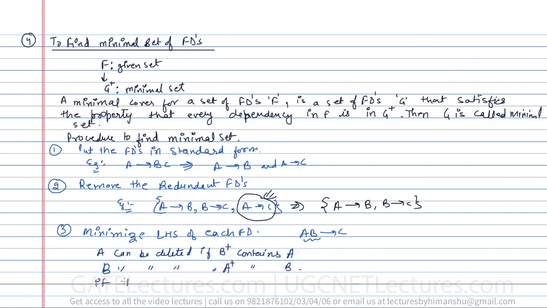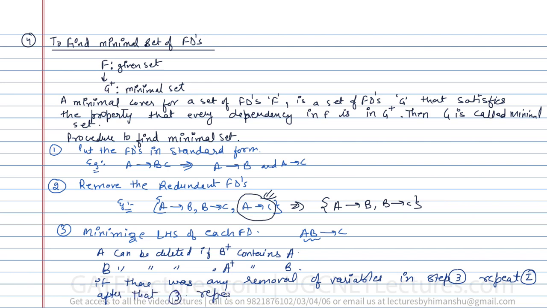So if there was any removal of variables in step 3, then repeat step 2, after that repeat step 3, and repeat this till there is no removal, so that we get the minimal set.